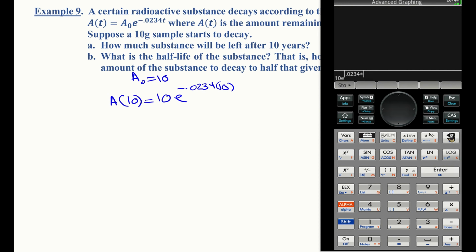I think I hit the absolute value key for some reason. Let me exit out of that. Let's repeat that. So negative, yeah, I see the absolute value is the second function of the plus minus, so somehow I accidentally hit that, so just be really alert.